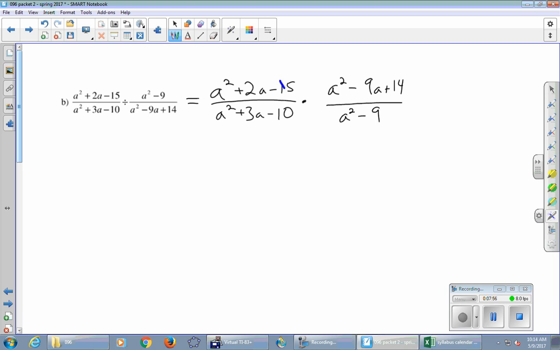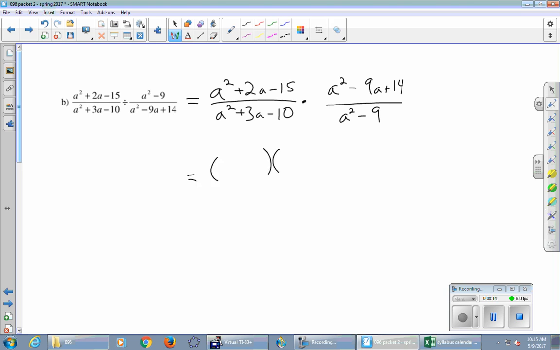You can't cancel 15 and 10, even though they're both divisible by 5. You can't cancel the 9s, can't cancel anything. So the next step was to turn all of that addition and subtraction into multiplication by factoring. Everything gets factored. Equals.